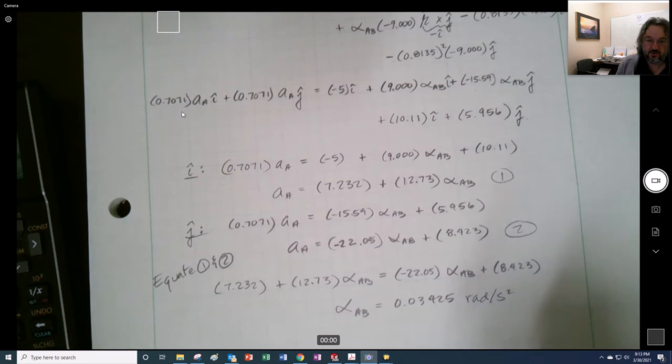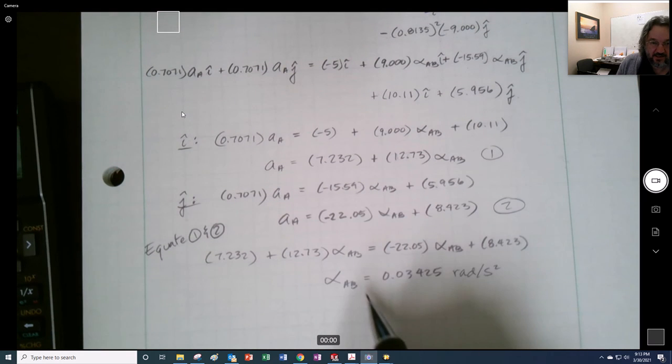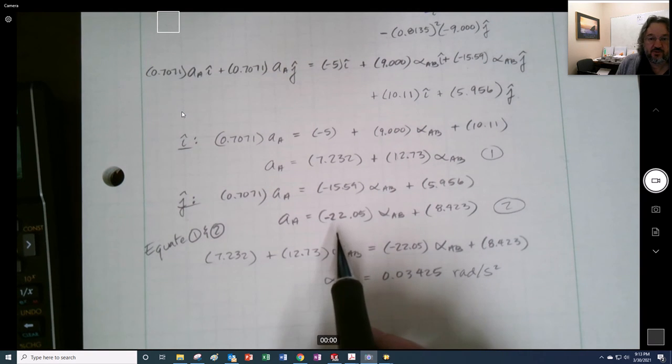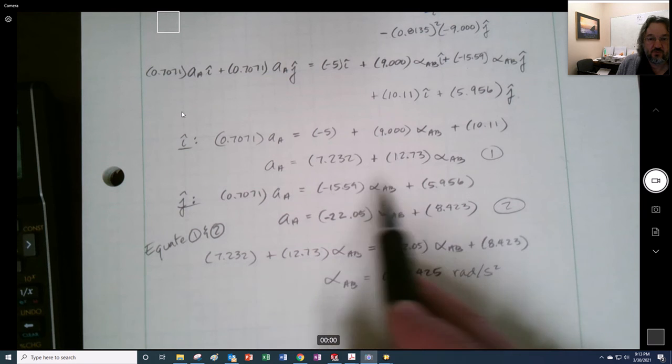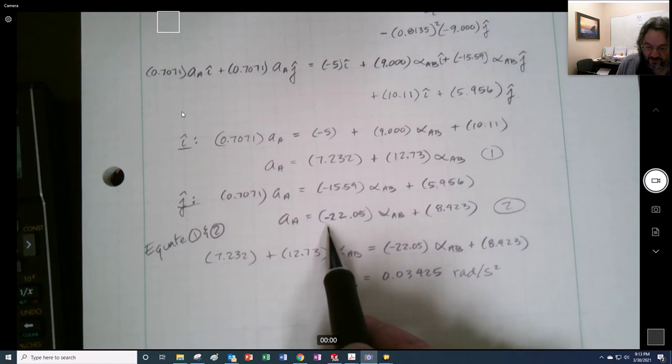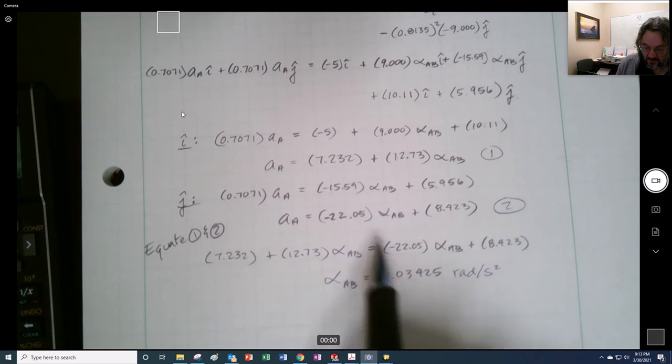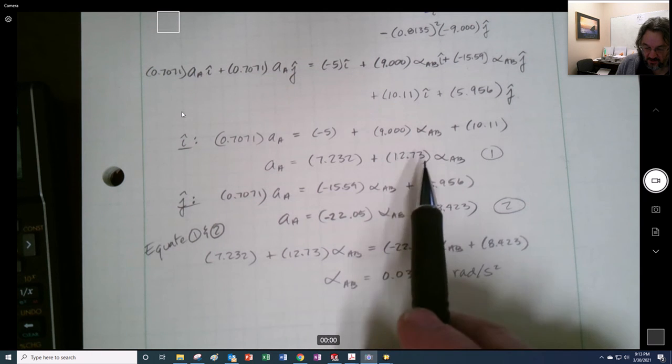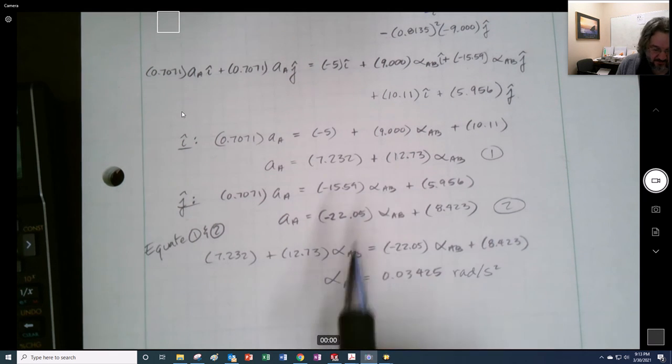All right, so my next thing is to take this alpha and put it back up into either one of these two lovely things. And I think it should be a positive number right here, right?